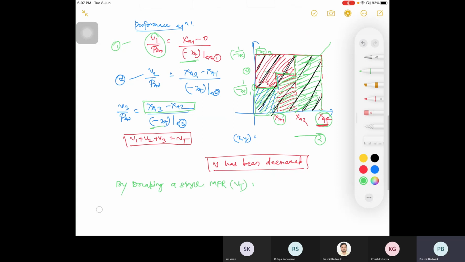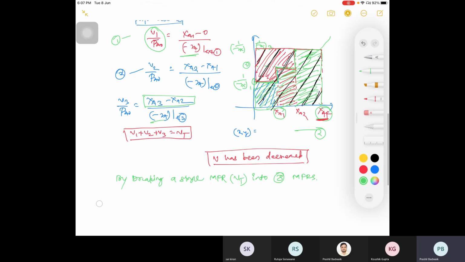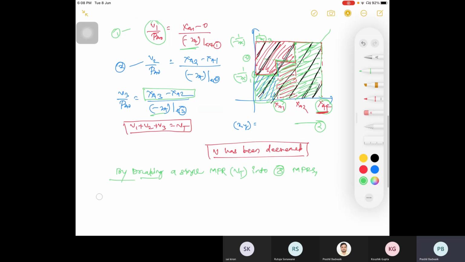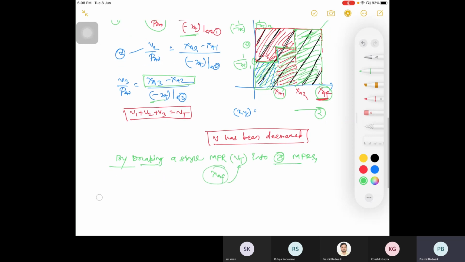So by breaking a single MFR of volume Vt into 3 MFRs, what happened? In order to have XAF conversion at the exit of reactor Vt, here in 3 MFRs the volume has been reduced.